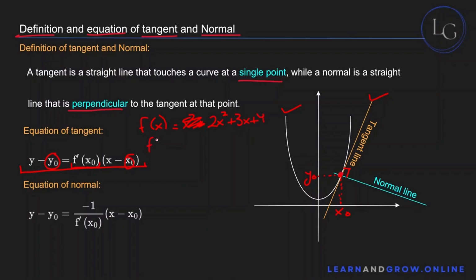Now the derivative of this equation would be 2x raised to the power 2 minus 1, into this power, so 2, right, plus 3x raised to the power 1 minus 1.